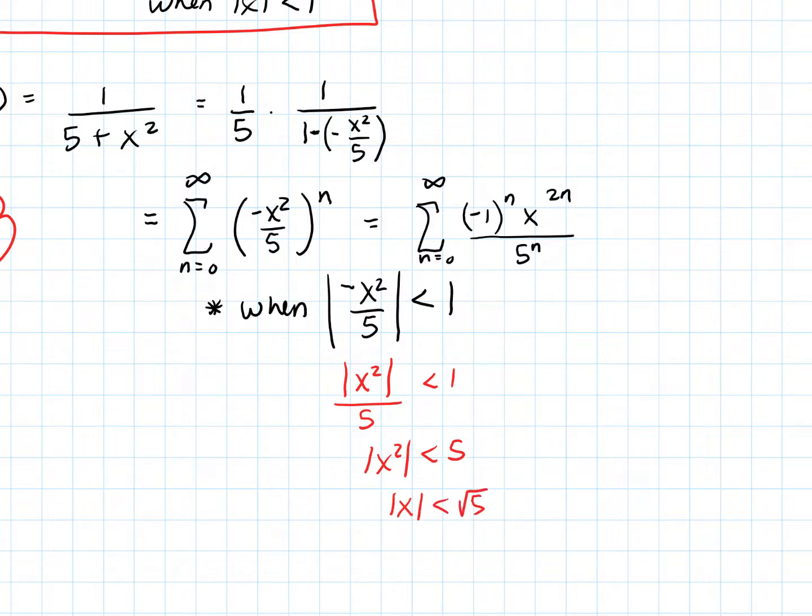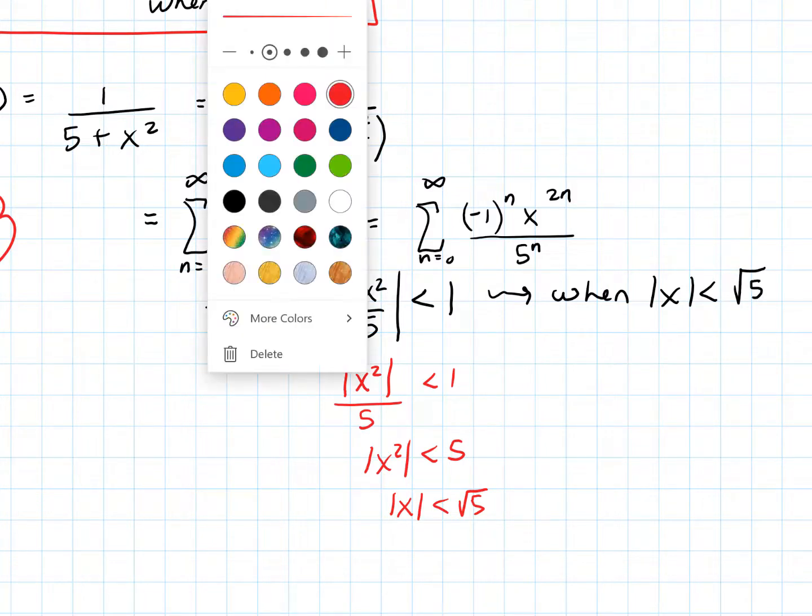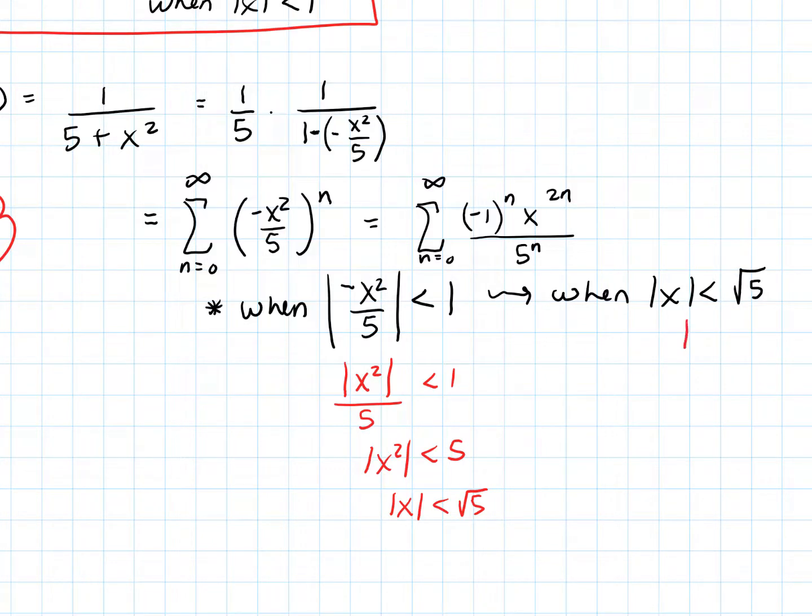So this will be true when the absolute value of x is less than the square root of 5, which tells me that my radius of convergence is the square root of 5.